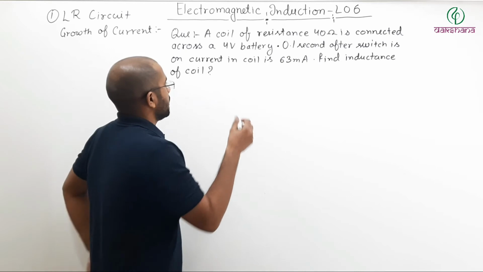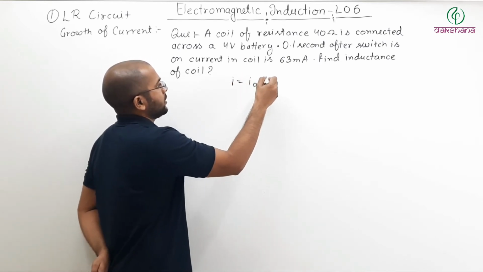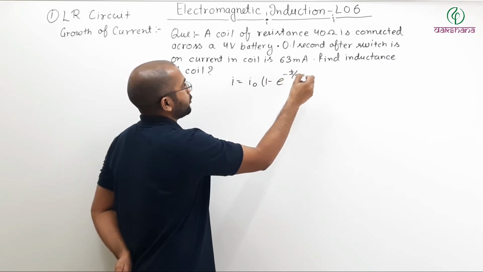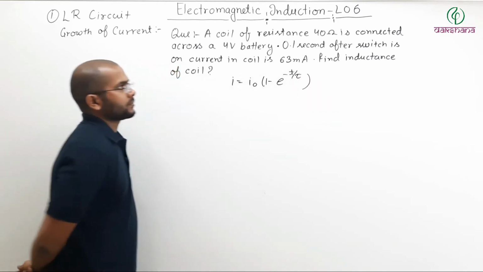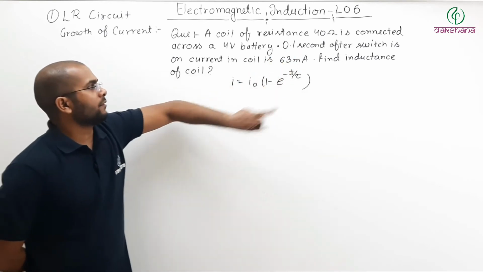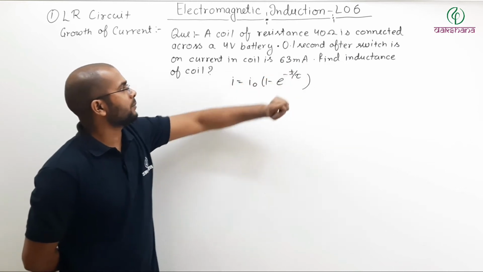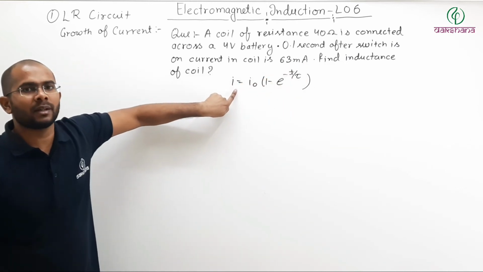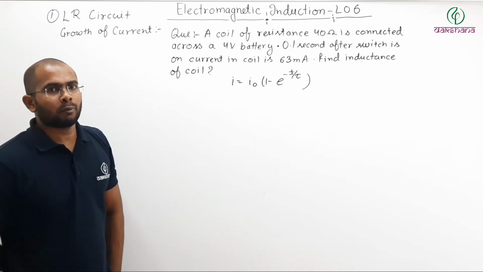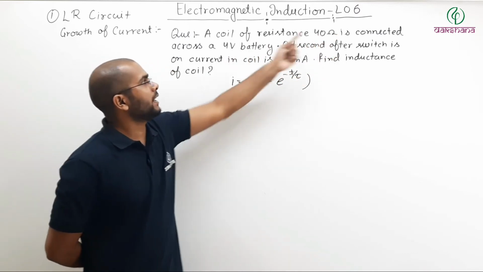Now how do we write the equation? I equals I naught times 1 minus e to the power minus t divided by tau, like this. They have given me the value of t: 0.1 second after. The current is 63 milliampere, that is given. What would be I naught? I naught would be EMF divided by resistance, so 4 divided by 40.